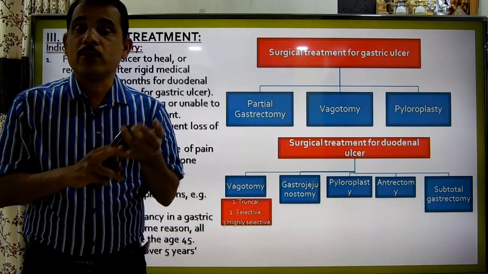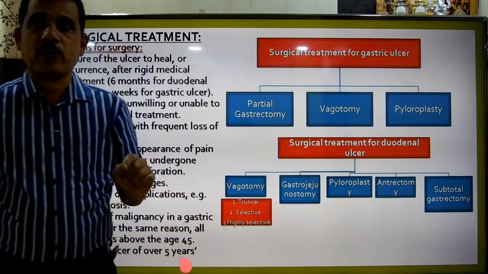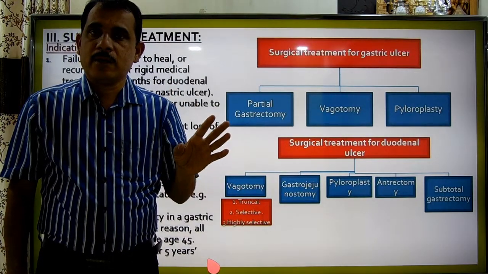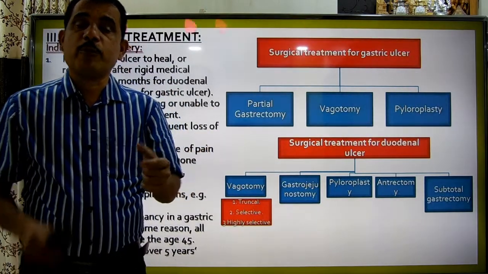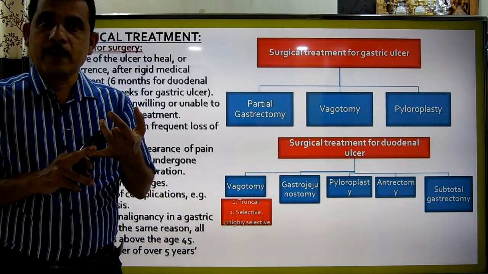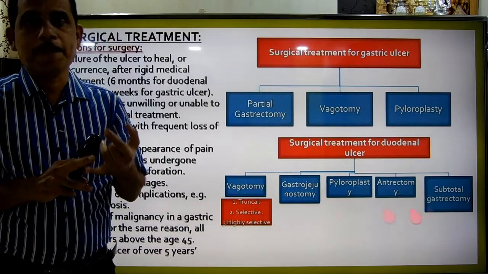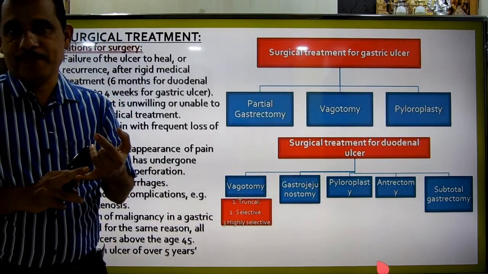Why should this be done? Because in truncal vagotomy, there are chances of diarrhea after the vagotomy. So if we preserve the pancreatic branch and the hepatic branch of the vagus nerve, then it will prevent the diarrhea.